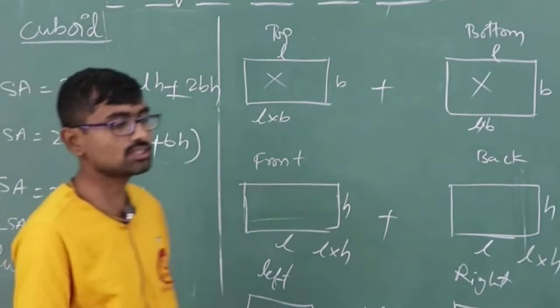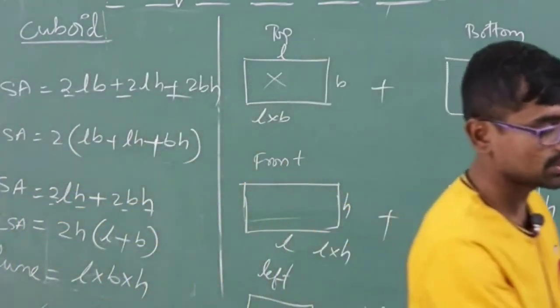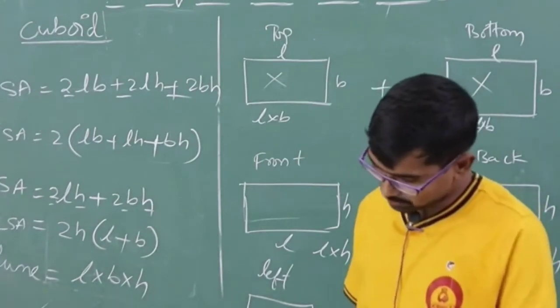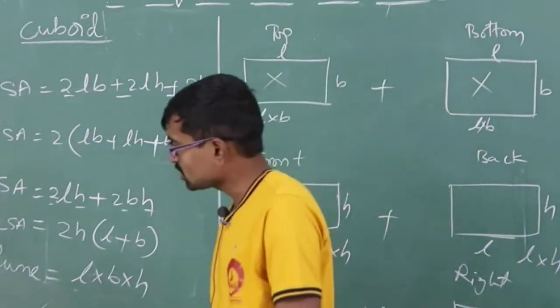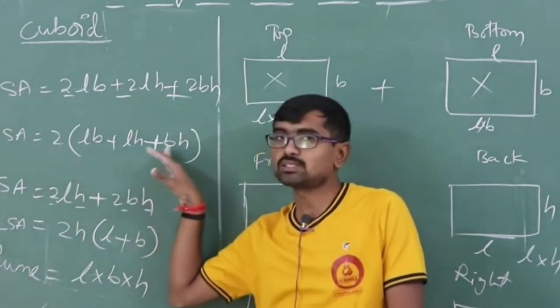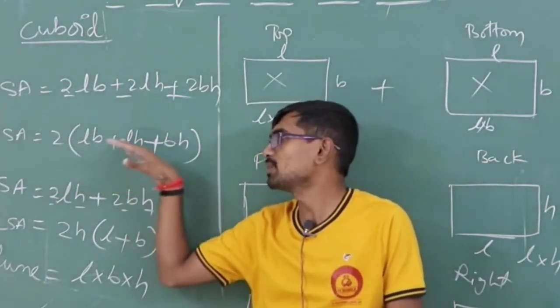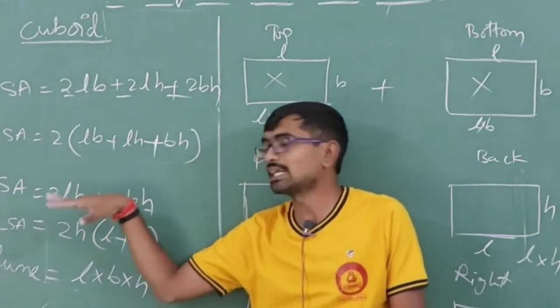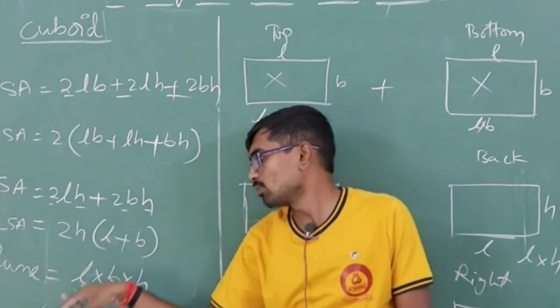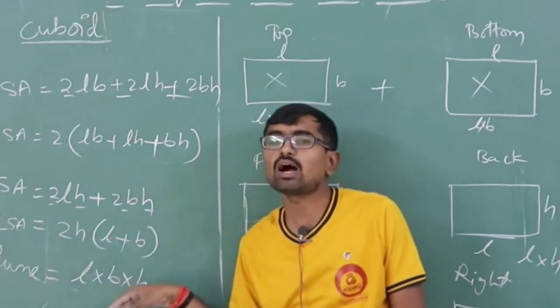So like this we will be finding the total surface area, lateral surface area and volume of the second right prism, that is the cuboid. What is the total surface area? 2 into (LB plus BH plus HL). Second, lateral surface area is 2H into (L plus B), and volume is nothing but length into breadth into height.